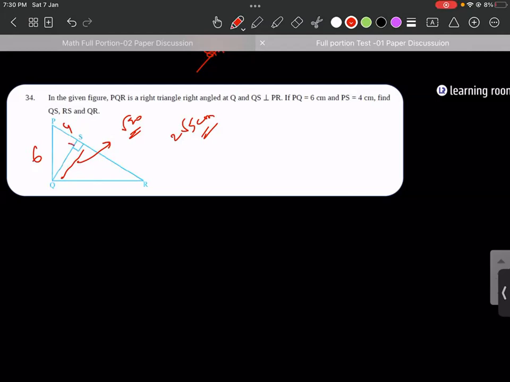See, this is 90. Since I need to prove the similarity, one angle is 90. Then what else can I do? Sir, QS square plus PS square equals PQ square, Pythagoras theorem.